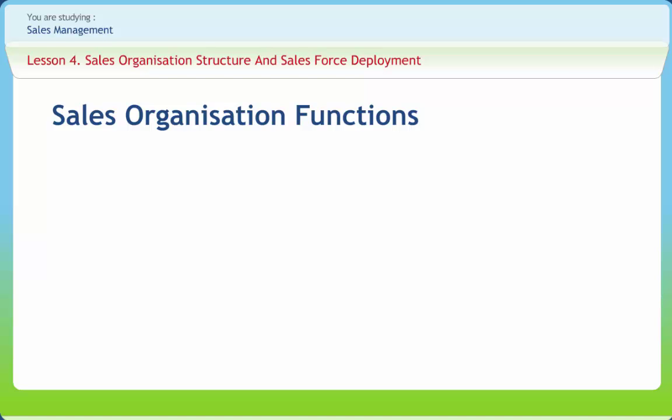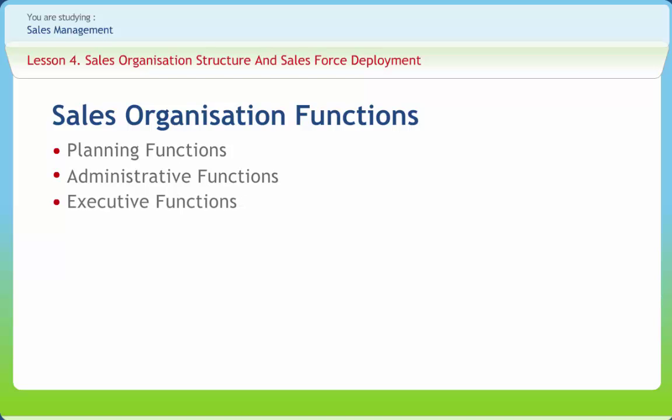Thus, the functions of a sales organization can be classified as planning functions, which include sales forecasting, sales budgeting, and selling policy. Administrative functions, which include selecting salesmen, training salesmen, control of salesmen, and remuneration of salesmen. Executive functions, which include sales promotion and selling routine.